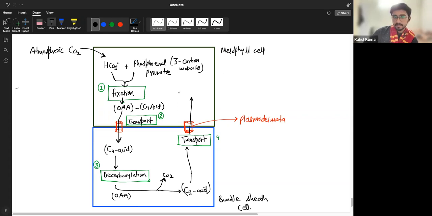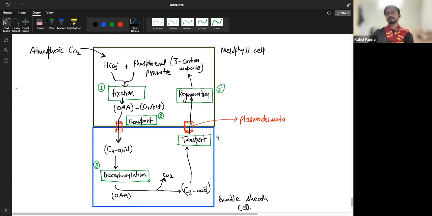It is regenerated into this phosphoenol pyruvate, which is again a 3-carbon acid. Phosphoenol pyruvate means we can also call it phosphoenol pyruvic acid, right? PGA, phosphoglycerate or phosphoglyceric acid, oxaloacetate, oxaloacetic acid. So this phosphoenol pyruvate is the same 3-carbon acid which is regenerated.